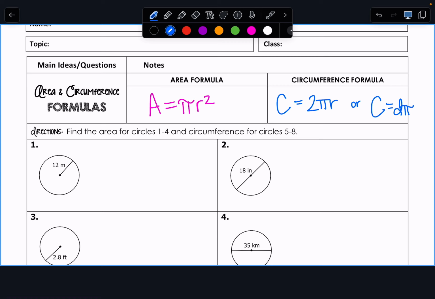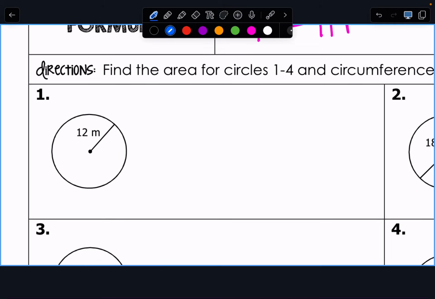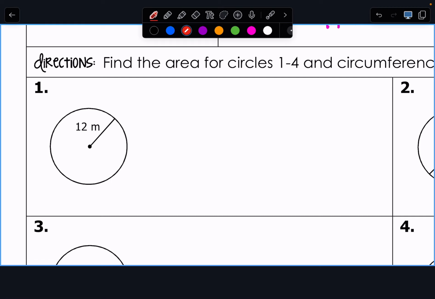For the area one, do you square the radius first and then multiply by pi? That is an excellent question. Let's talk about it. What is the radius in number 1? 12. So my area is pi r squared. Anytime we substitute, we use parentheses. So what comes first, the multiplication or the exponent?